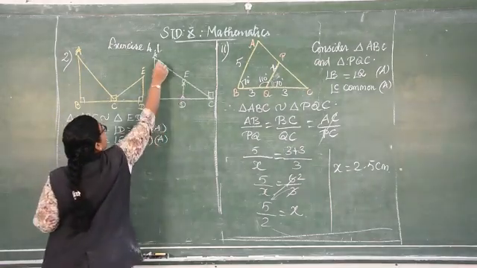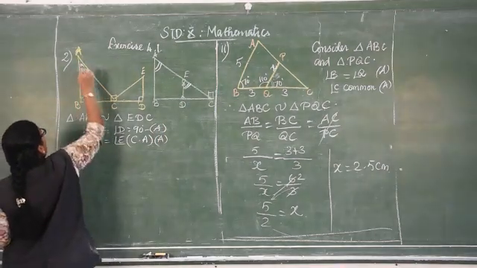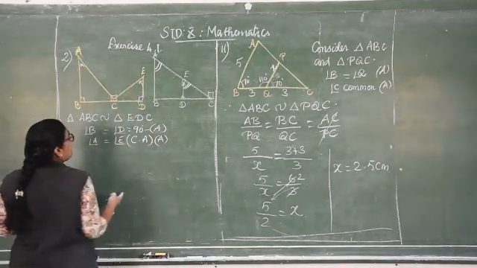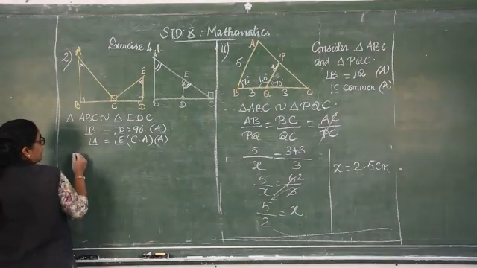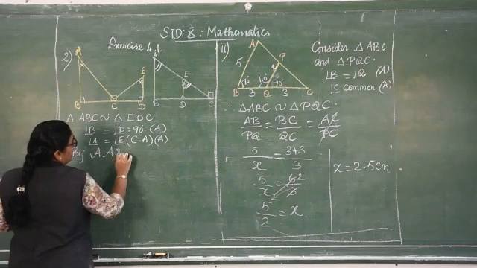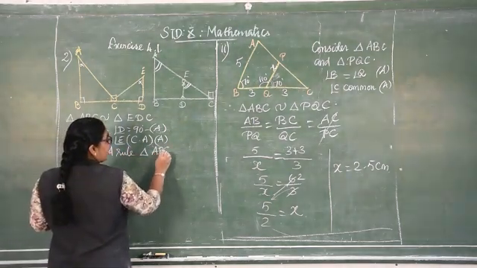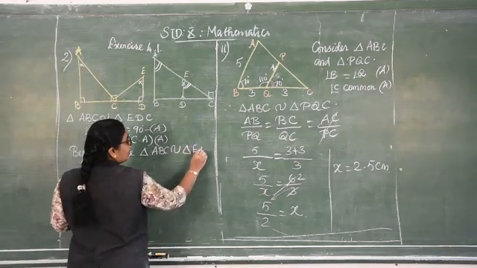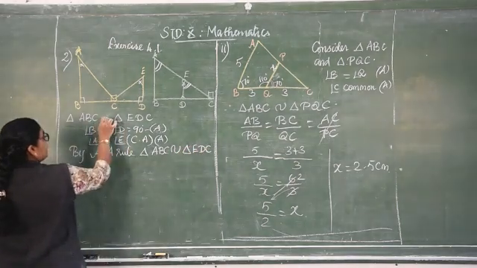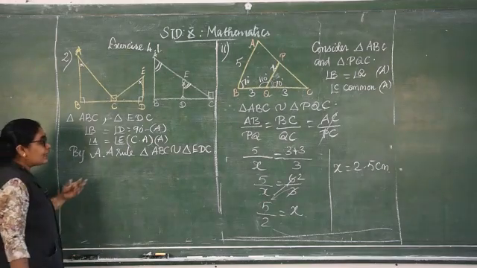Now this A and this E are corresponding angles. Now I am writing this one as, by AA rule, triangle ABC is similar to triangle EDC.